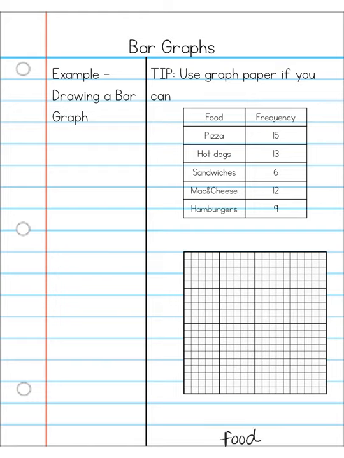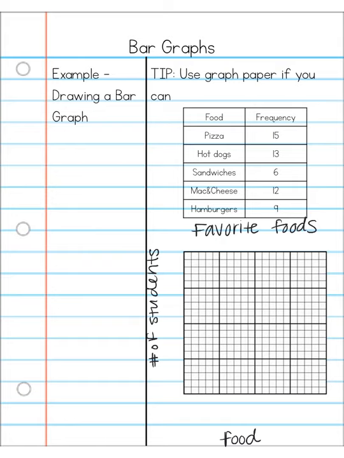And frequency or number of students on the y-axis. And I'm going to title my graph Favorite Foods.